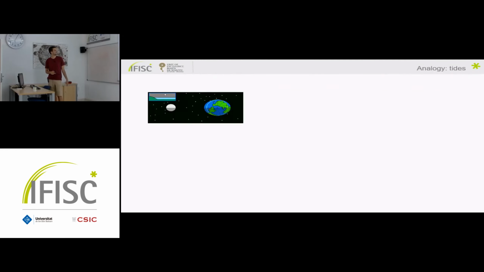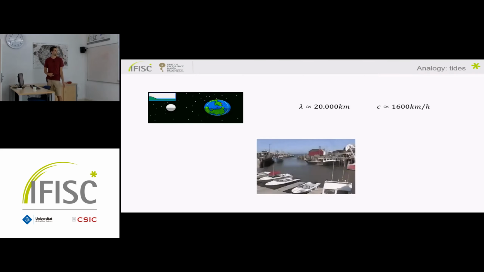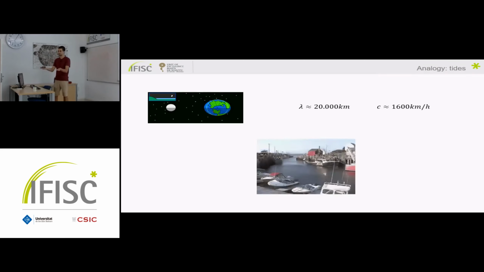So tides can be understood as very, very big waves with a period of around 20,000 kilometers that move really fast on the Earth's surface, like around 1,600 kilometers per hour. Nevertheless, when you are on the beach or on the sea or in a port, you just see everything as a homogeneous move of the water.